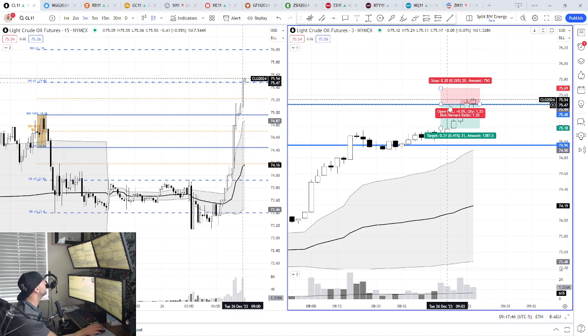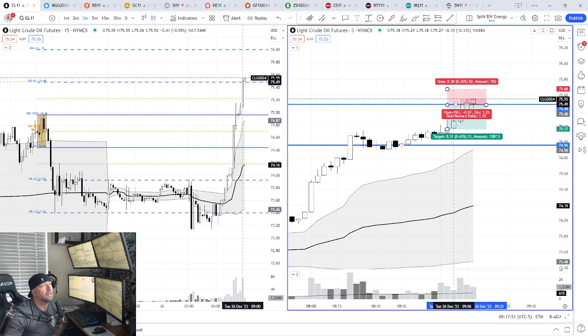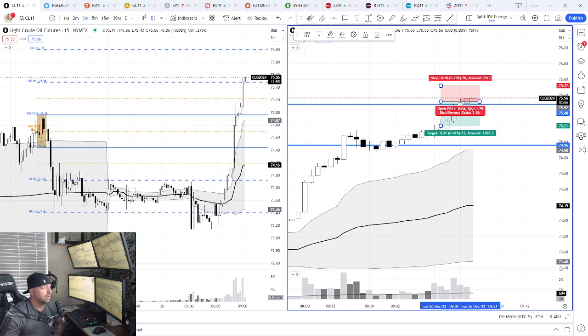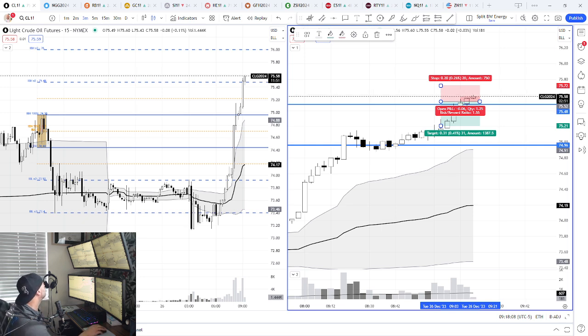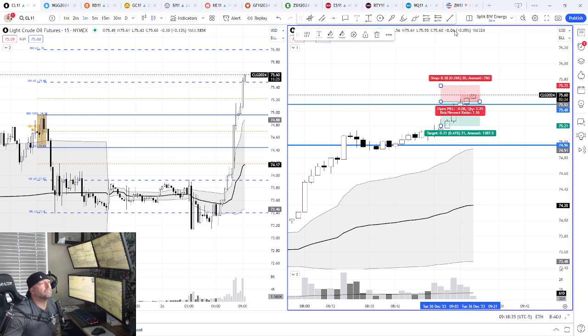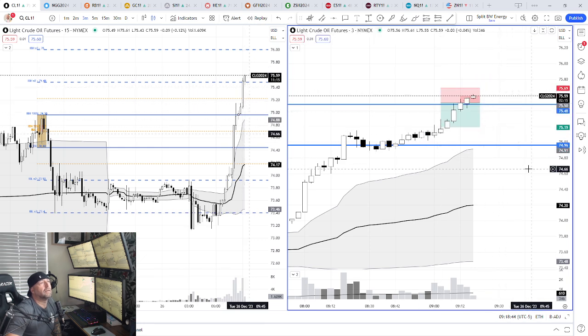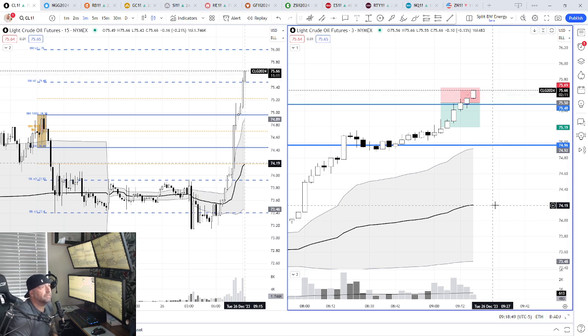Average price now is 51. Well, looks like it's holding bid here. Got about 10 cents left in my stop here. It looks like it's gunning for it.